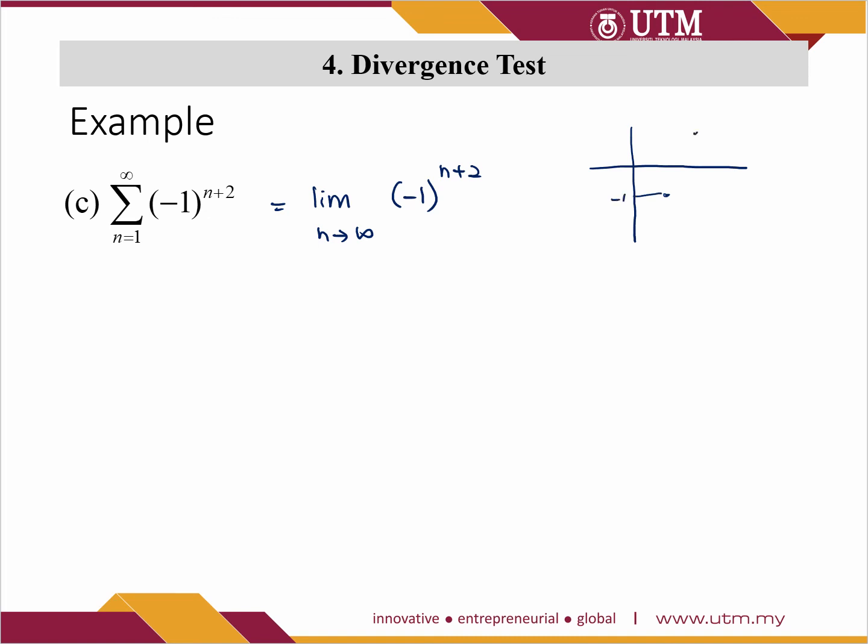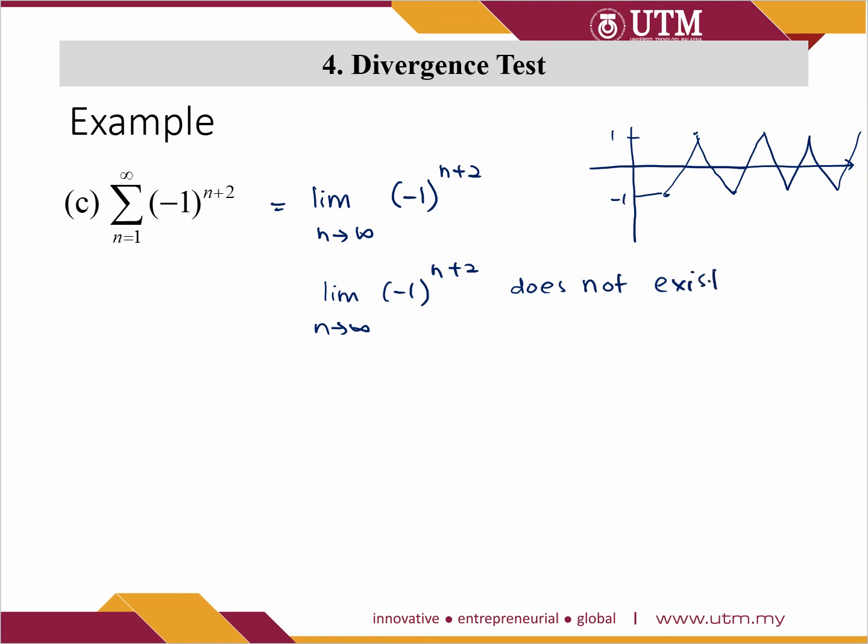So it is alternating from negative 1 to 1 to negative 1 to 1 and so on. There is no convergence to a value, so we can say that this limit does not exist. Since it does not exist, the series diverges.